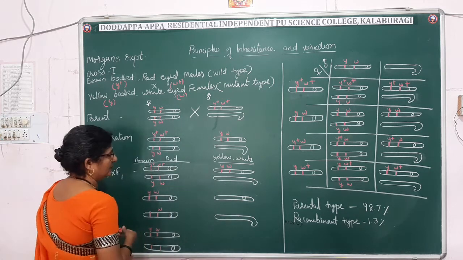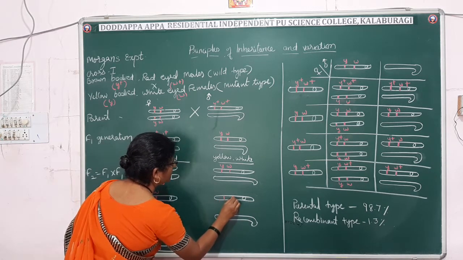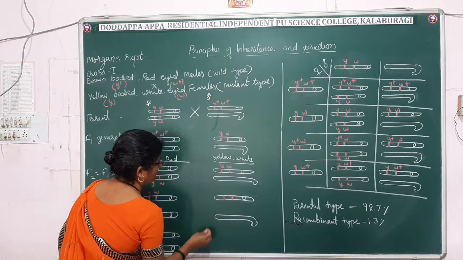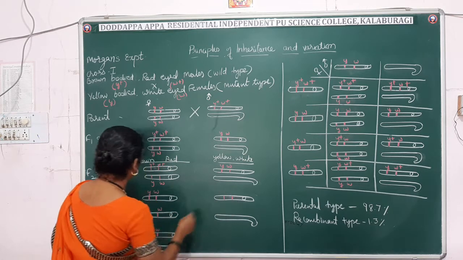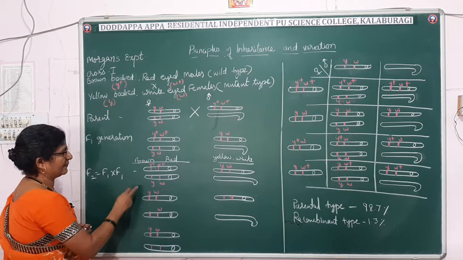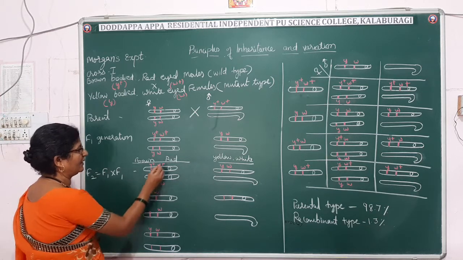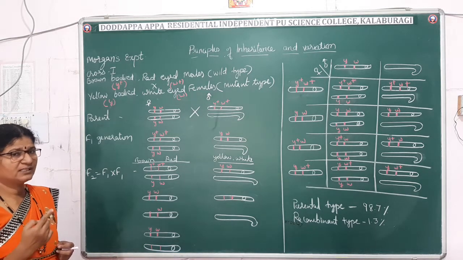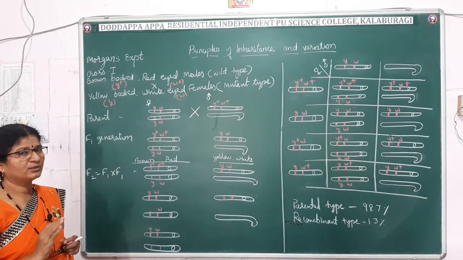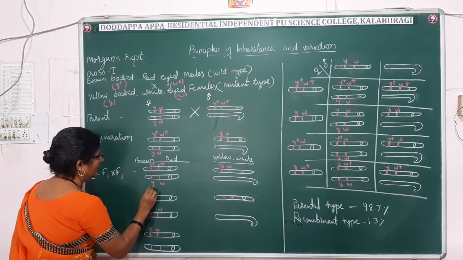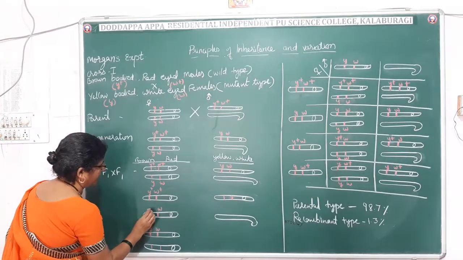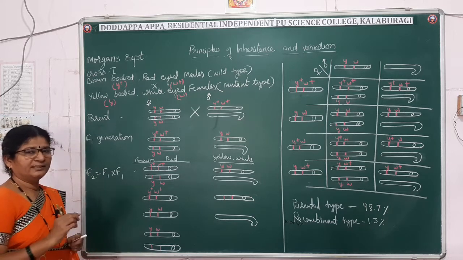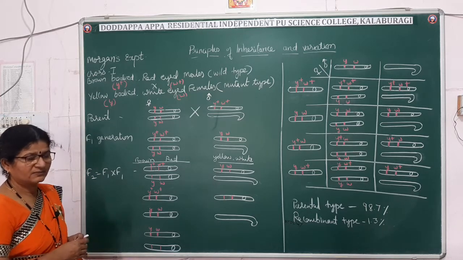Fine. Let me draw genes also. They are nearer to each other. Okay, let it be. Now see, we have to write the gametes. Gametes are haploid and each gamete will receive one chromosome, that is one gene, because the factors or chromosomes will get separated. So here Y plus W plus and then YW. I told you that during gamete formation meiosis will take place.